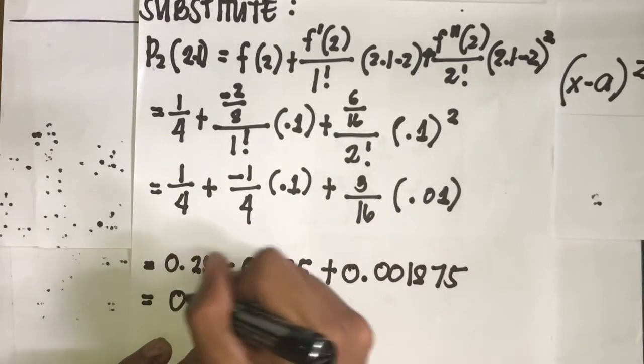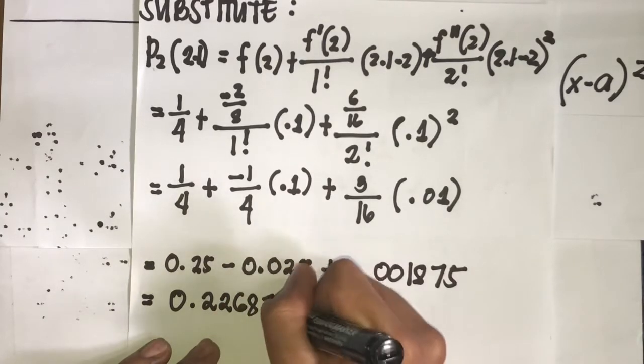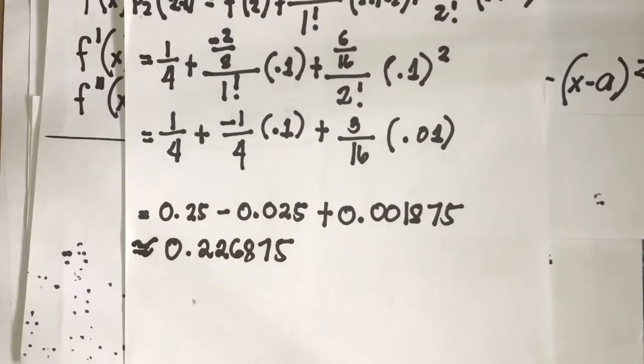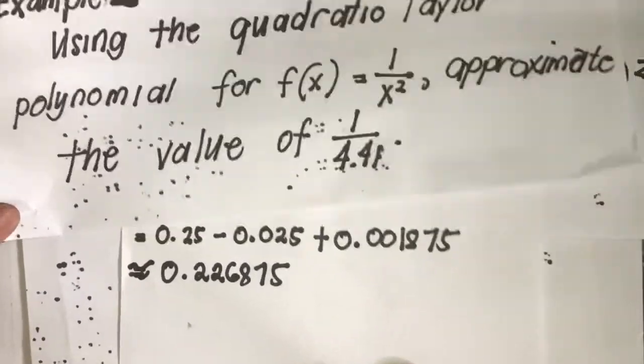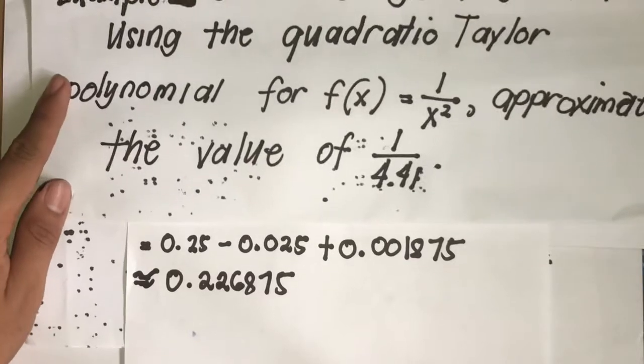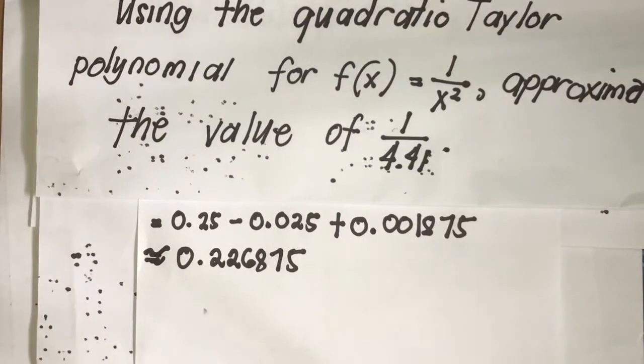So to sum up, that's going to be 0.226875. Okay, so that's going to be our approximation for the given example of 1 over 4.41.